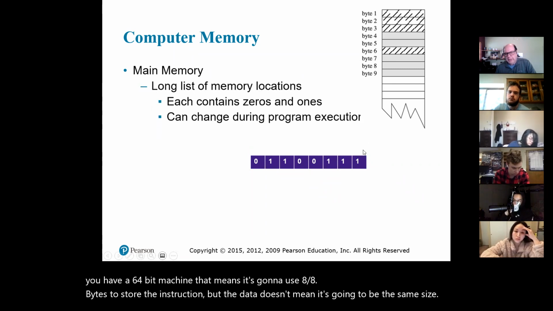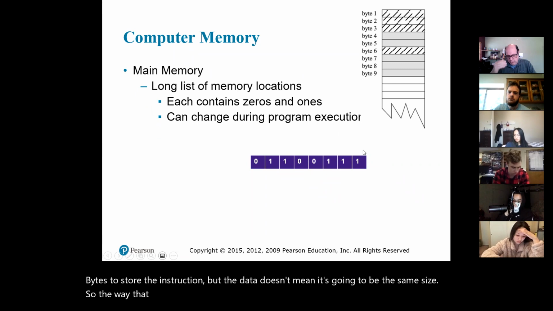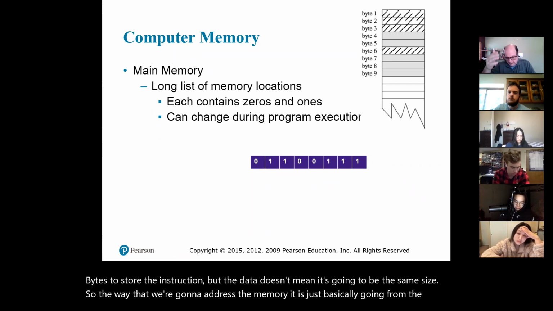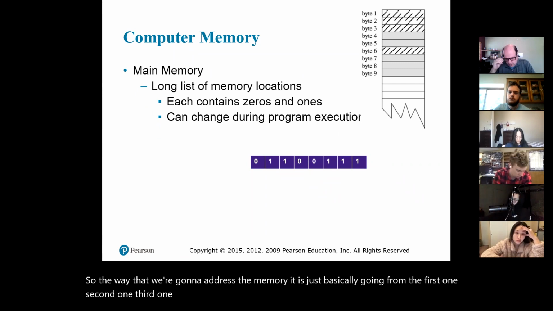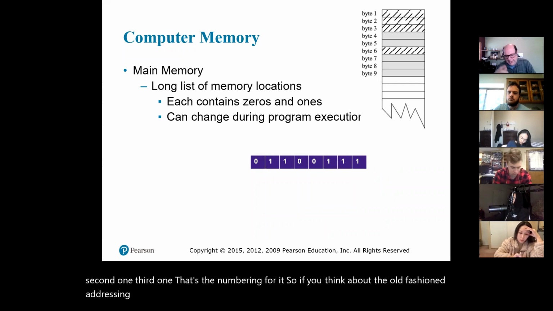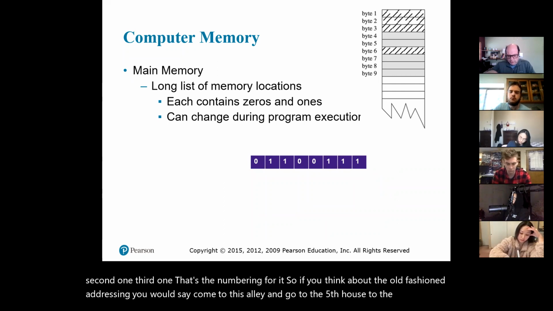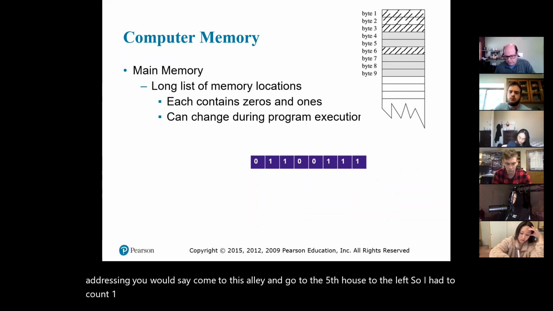The way that we're going to address the memory is basically going from the first one, second one, third one. That's the numbering for it. If you think about old-fashioned addressing, you would say, come to this alley and go to the fifth house to the left. So I had to count 1, 2, 3, 4, 5 to get to your house. That's the way the memory is addressed.